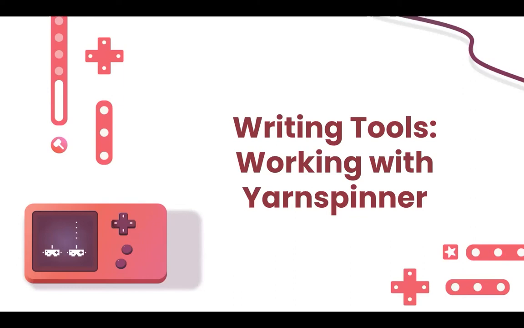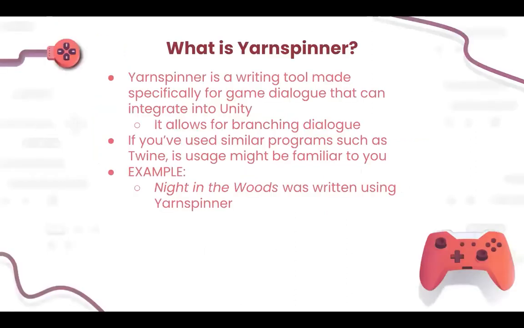You'll find if you've used Twine before that the syntax and the interface in the editor is very similar, but Yarn Spinner is a lot easier to incorporate with Unity. And so that's why we as a club at Studio are kind of leaning towards Yarn Spinner as the main program that we want to be using for writing in our games.